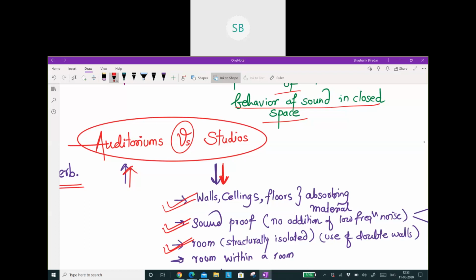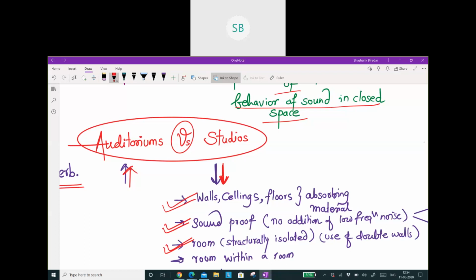Within these two walls we are putting some material so that whatever disturbance comes toward the recording room will be absorbed, right? The low frequency sound and vibration can pass through a solid structure more easily as compared to high frequency sound.